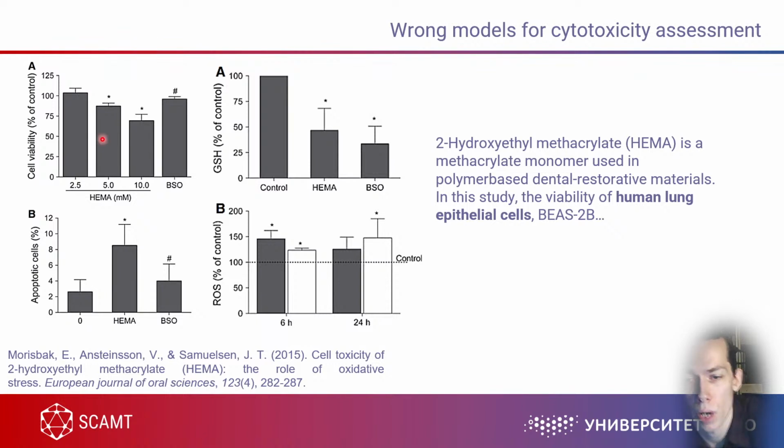For example, this one, a hemopolymer, which is used for dental fillings in our teeth. And the toxicity of this polymer was studied on human lung epithelial cells, BEAS-2B. The question is, why is a polymer intended for use in our mouth tested on lung cells?